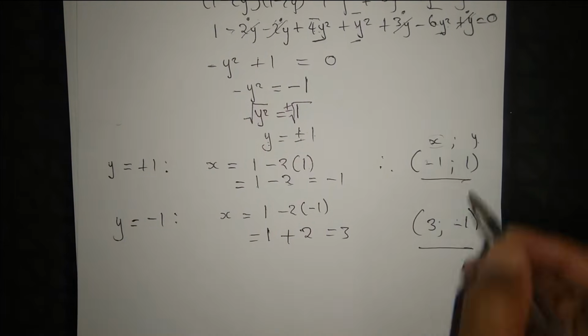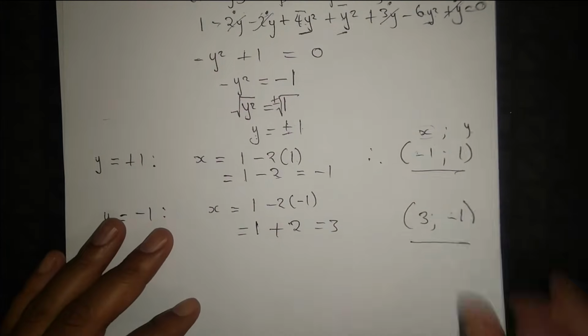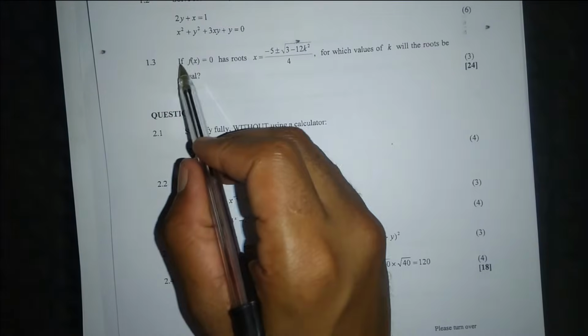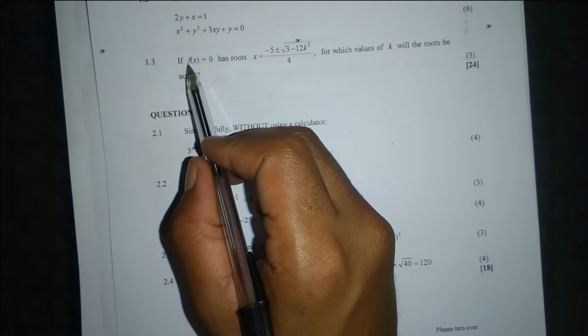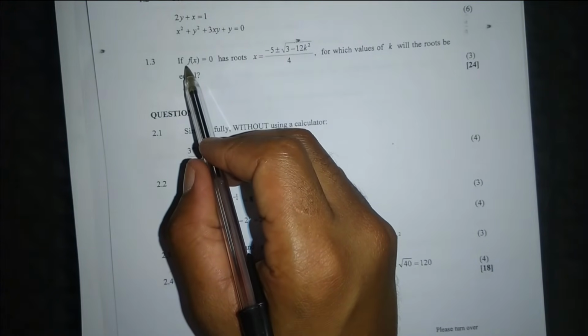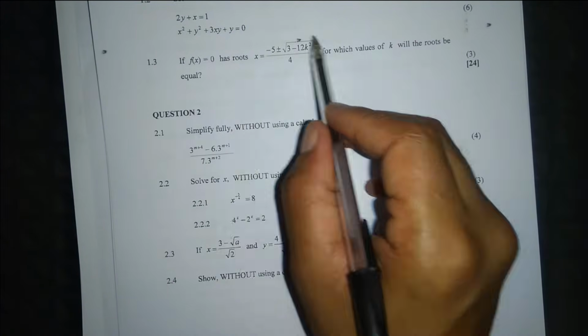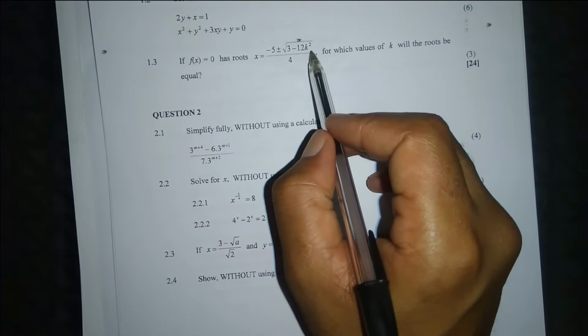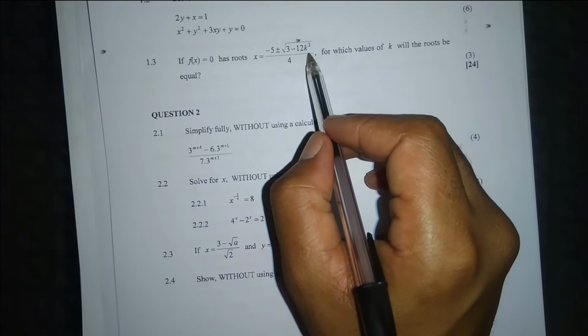Now these are my solutions for the simultaneous equations. Right. I believe this is the last question, 1.3. If f of x, the function in terms of x, is equal to 0, it has roots. It looks familiar, a quadratic formula.